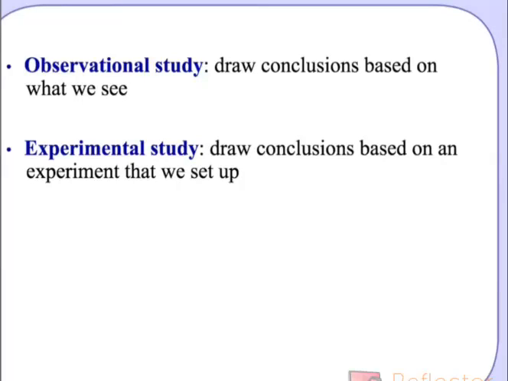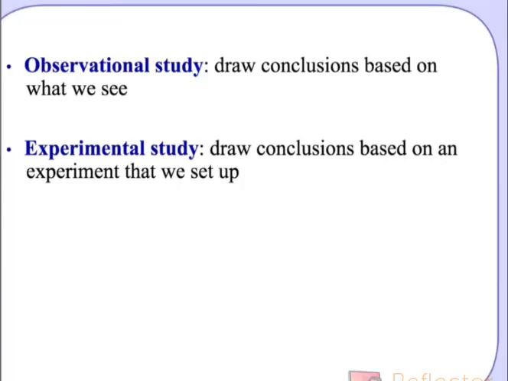Now, there's 2 different studies that we look at: observational versus experimental. Observational is just that. We sit back and we observe. We draw conclusions based on what we observe. This is how psychologists do a lot of their stuff.